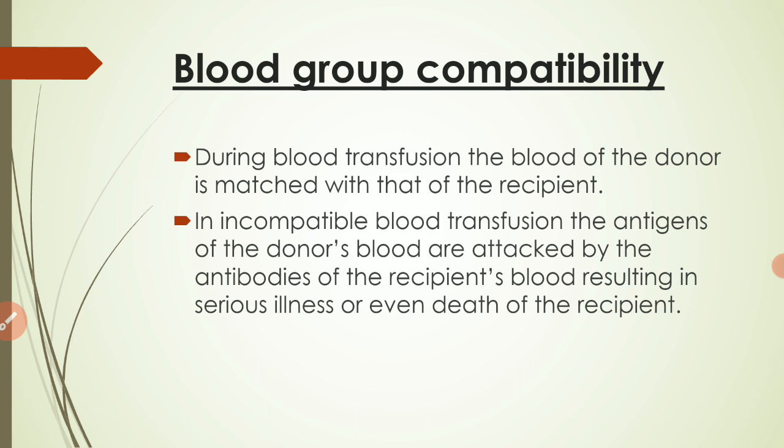The antibodies present inside the blood plasma of the recipient will attack the donor's blood, and because of that, serious illness or even death of the recipient can occur. So this is blood group compatibility. That means during blood transfusion, the blood of the donor is matched with that of the recipient.